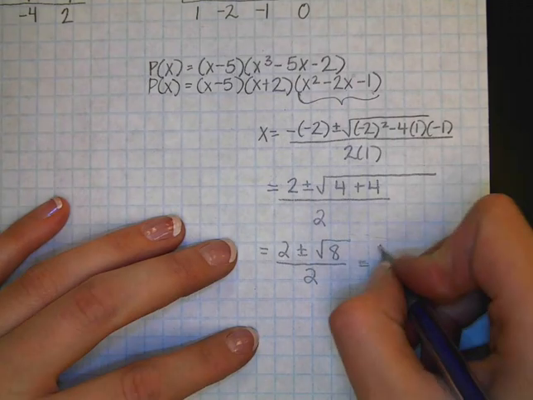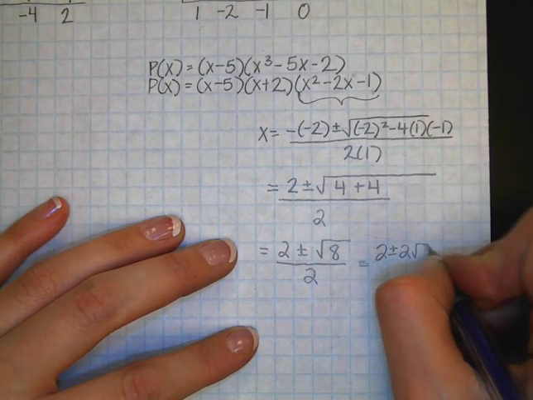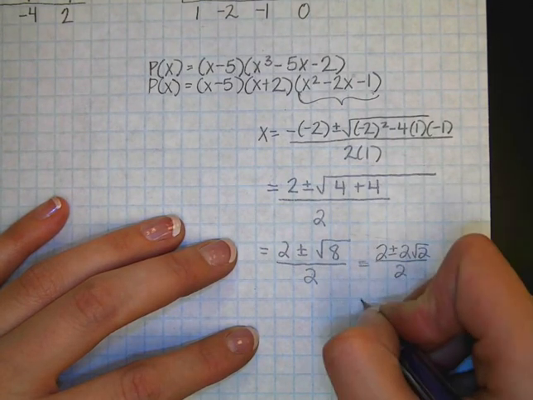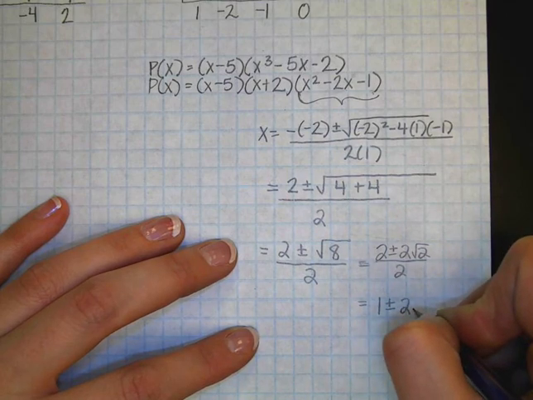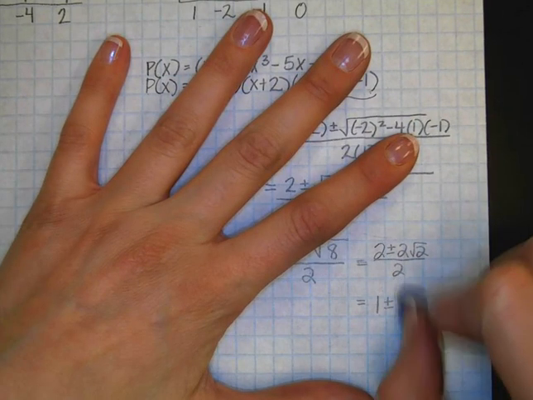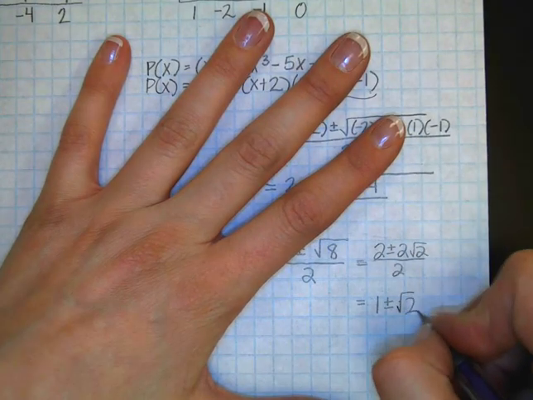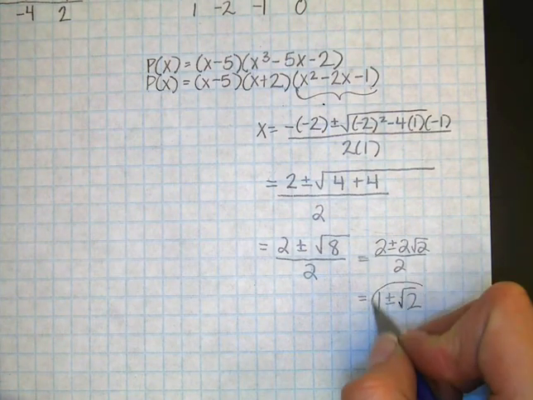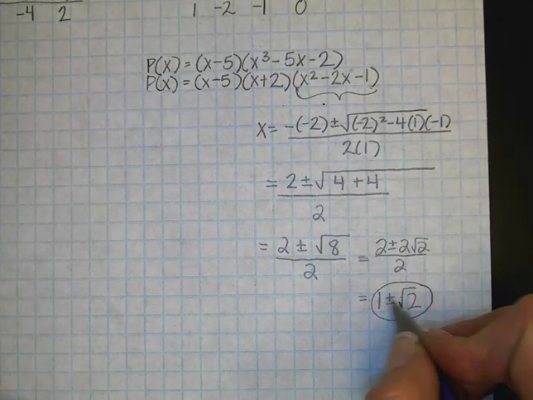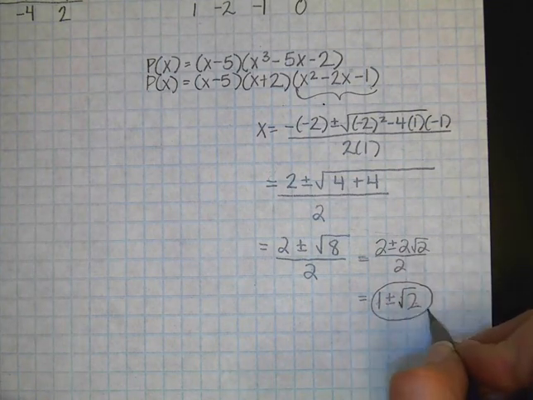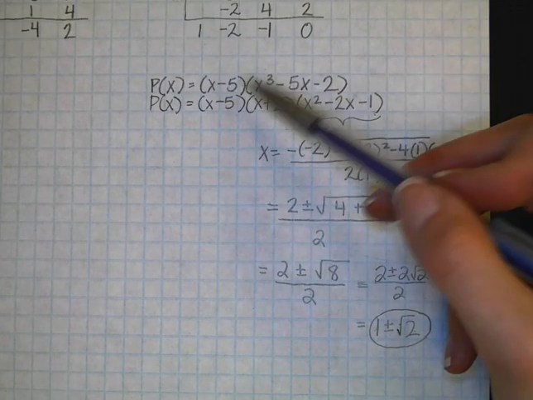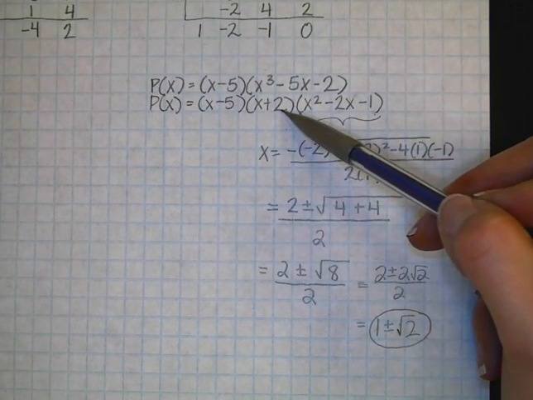Okay, and we get 2 plus or minus 2 radical 2 all over 2, which gives us 1 plus or minus 1 radical 2 are our other zeros. So we have 1 plus radical 2, 1 minus radical 2, and then we have 5 and negative 2 as our 4 zeros.